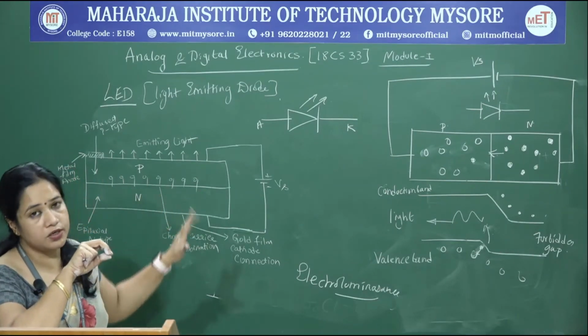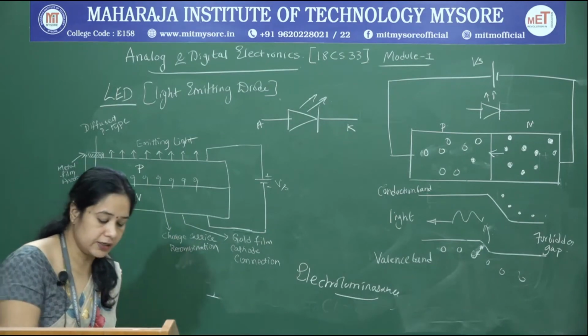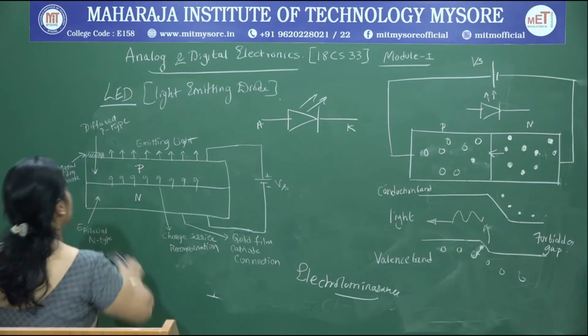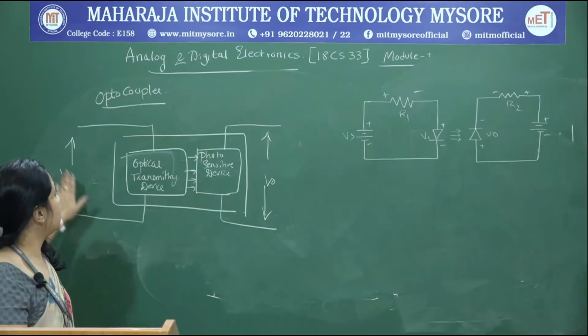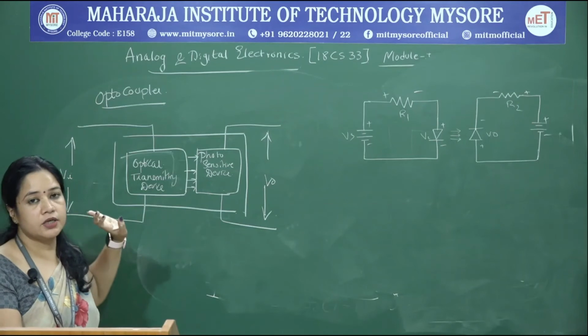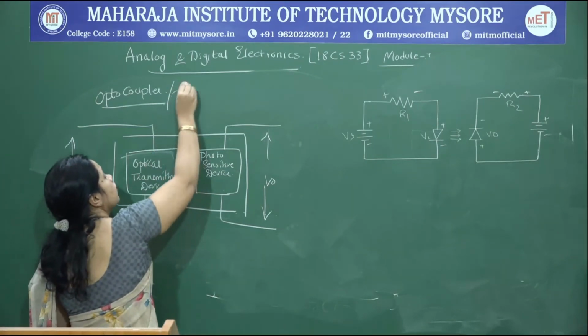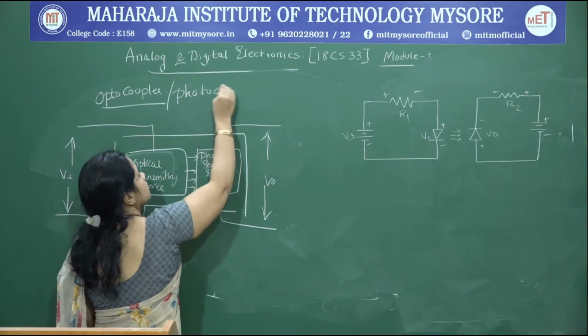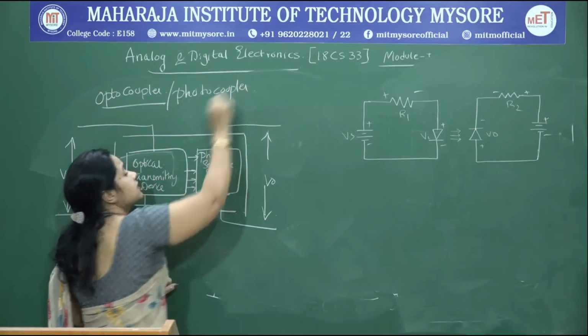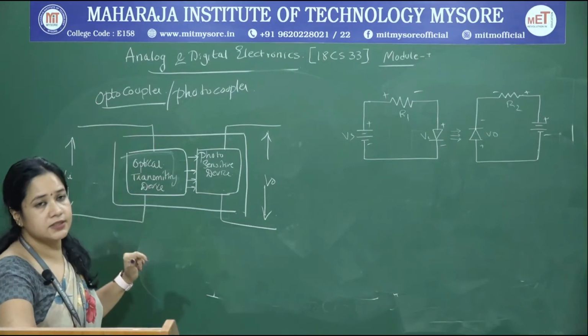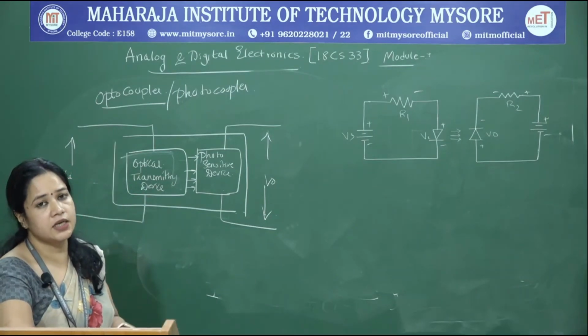We will move on to what are called optocouplers, the third type of optoelectronic device to be discussed. So the next type of optoelectronic device is an optocoupler. It is also called a photocoupler. We also term them electric isolators. As the name indicates, they are used to couple electrical signals.